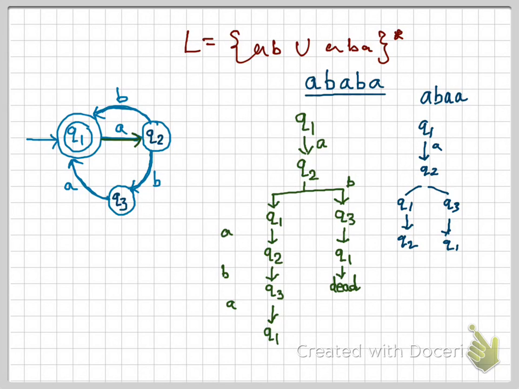And when I again read an A, Q2 on A is dead and Q1 on A is Q2. So there are two paths, one leads to dead and the other leads to Q2, both of which are non-final states. So this string is rejected by the non-deterministic automata. This is the way we can execute it.